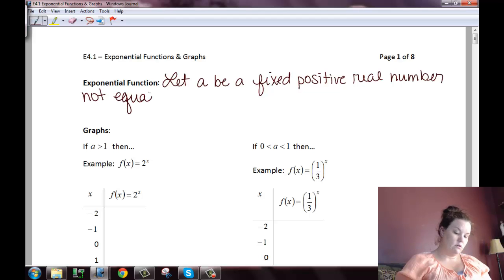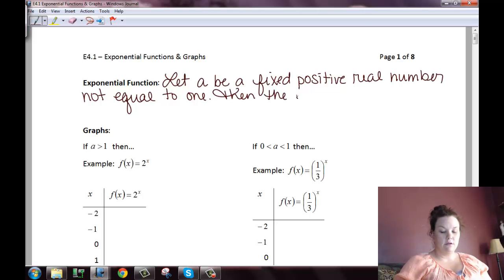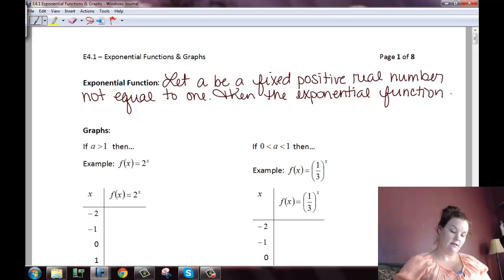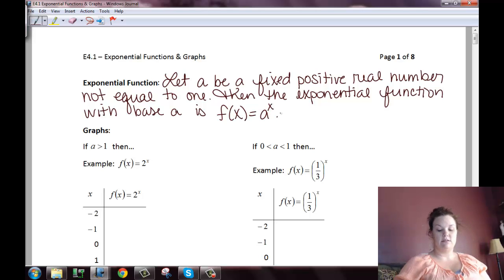Then the exponential function with base a is f of x is equal to a to the x.